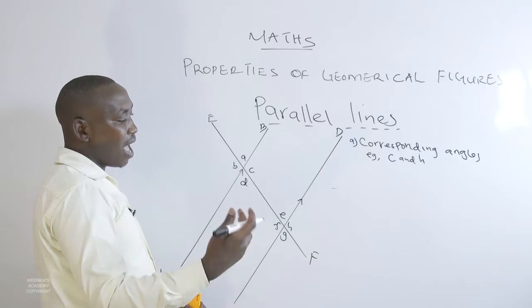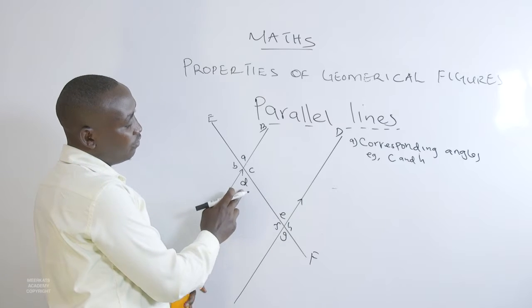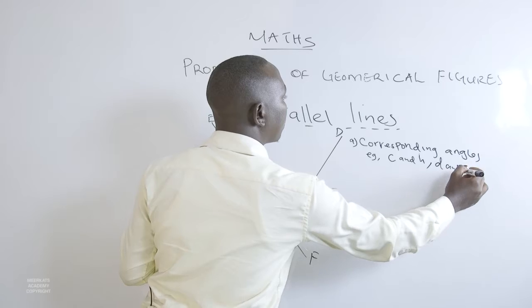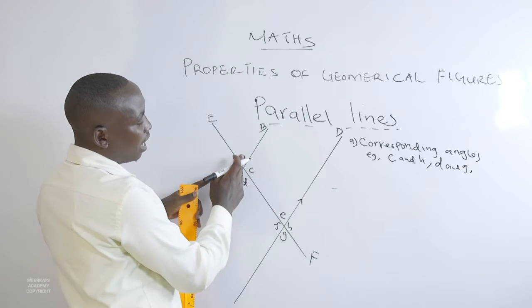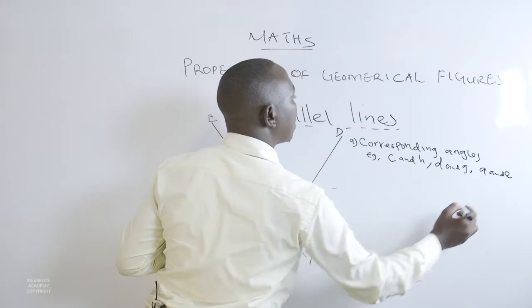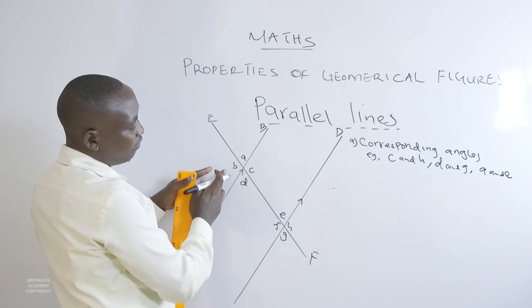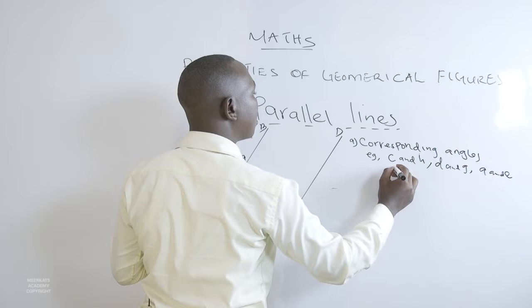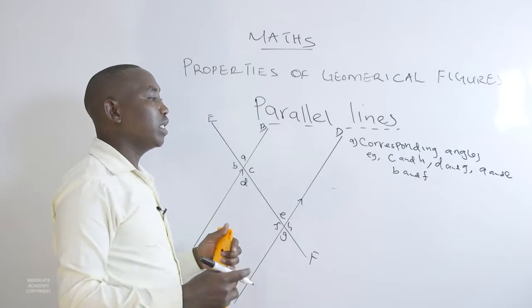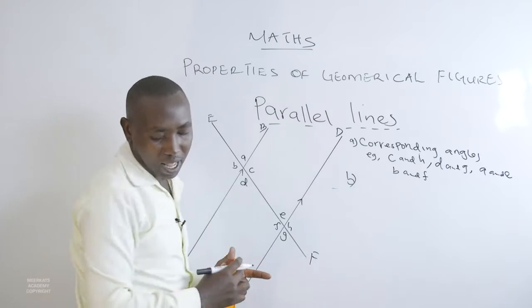You can name others. We have D and G. We can have A and E. We can have B and F. You can name as many angles which are corresponding to one another.